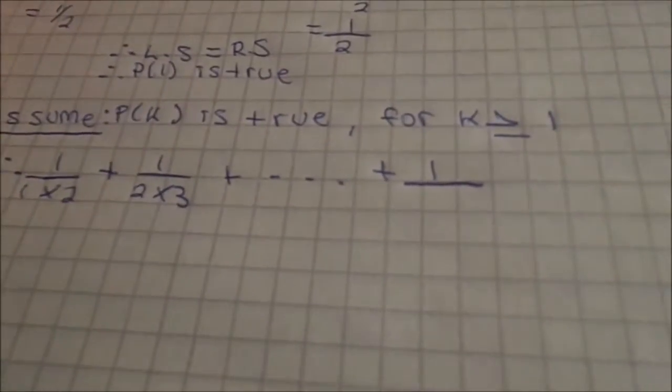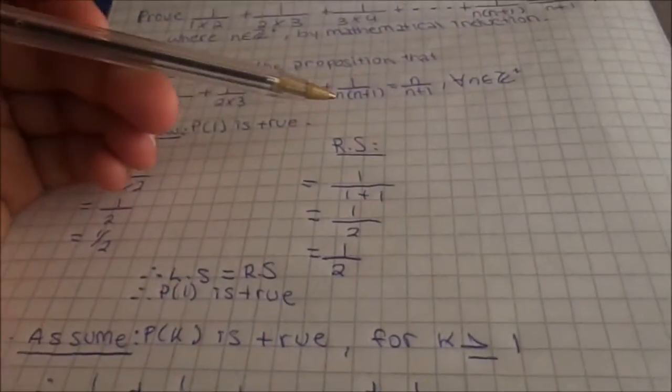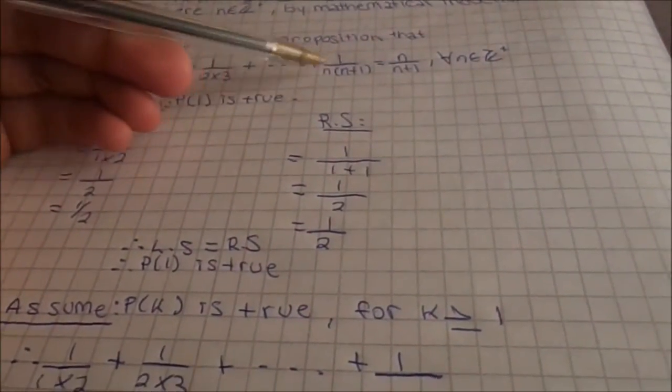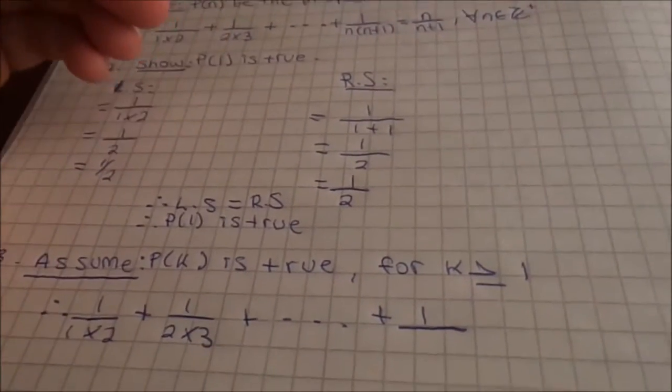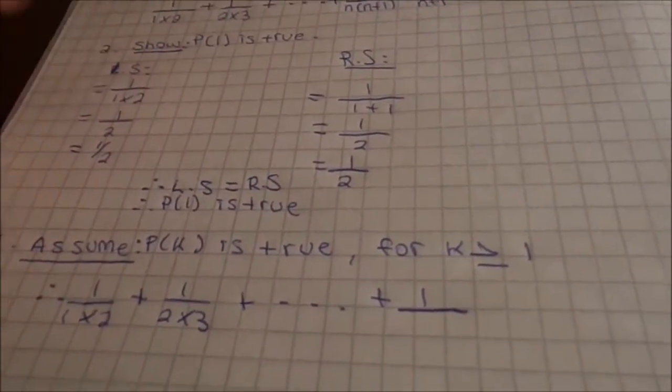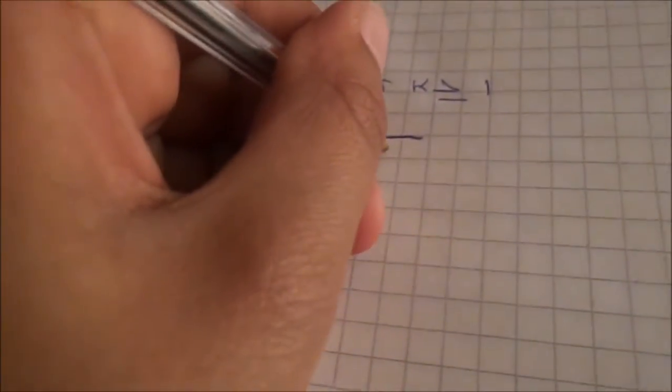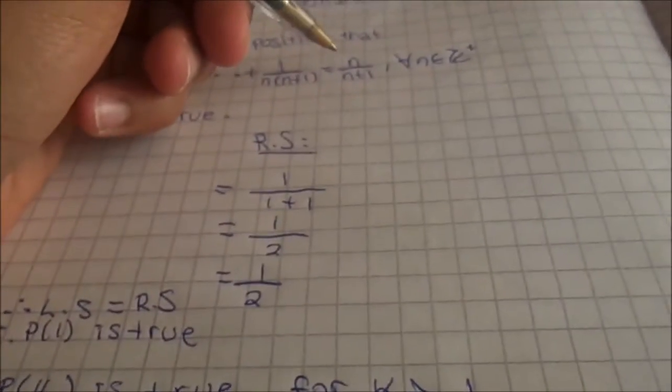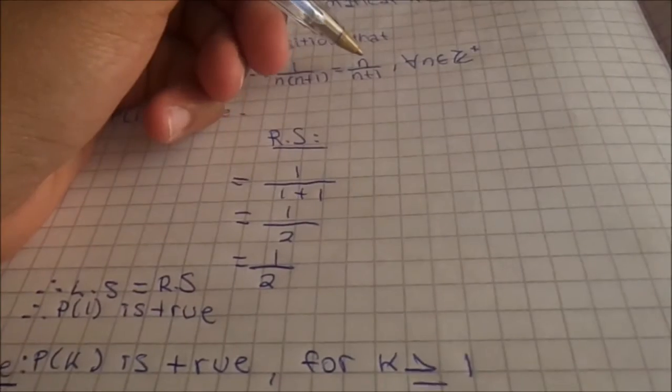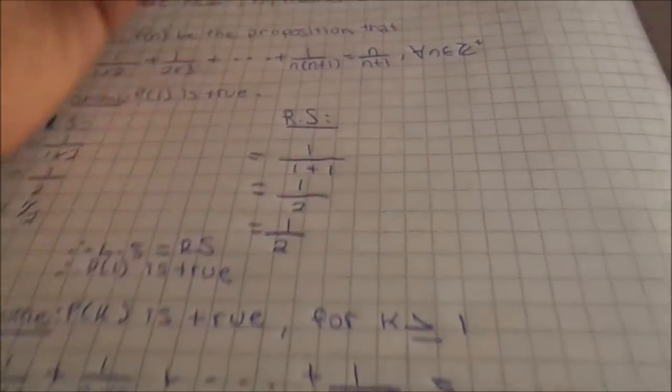Okay, so as you can see over here it was 1 over n times n plus 1. But right now I'm just going to plug in K for n. So 1 over K times K plus 1, which equals, and here it said n over n plus 1, so now I'm just going to plug in K for n. So K over K plus 1.